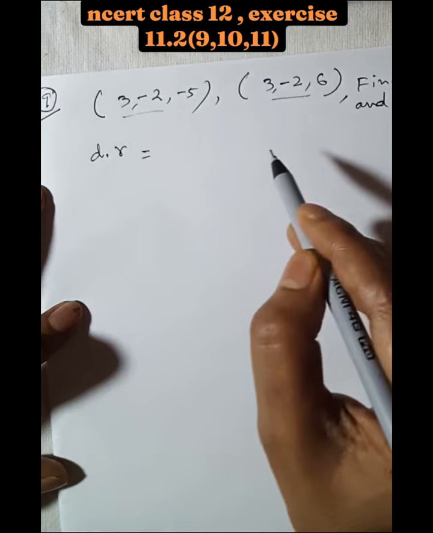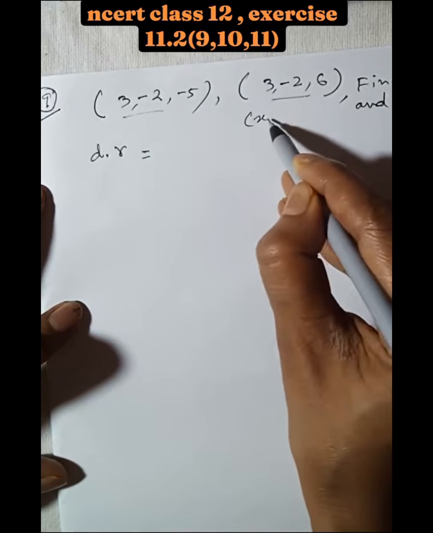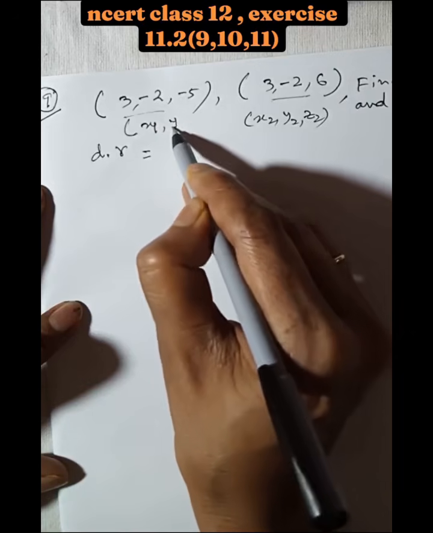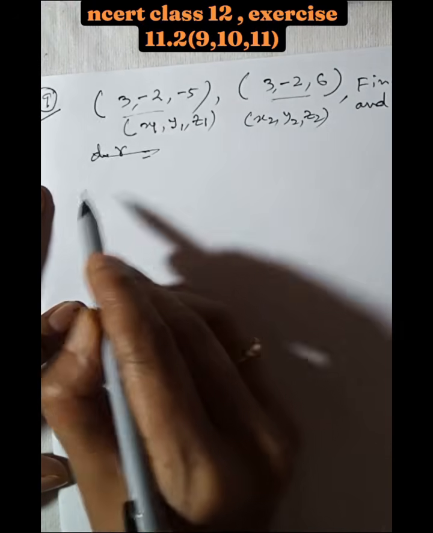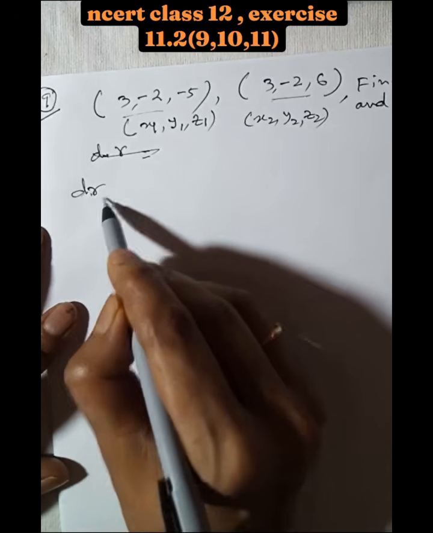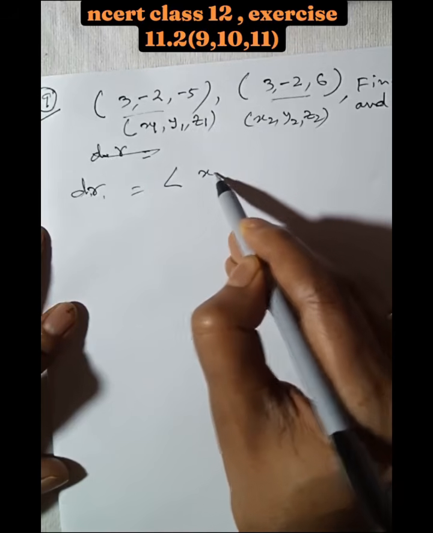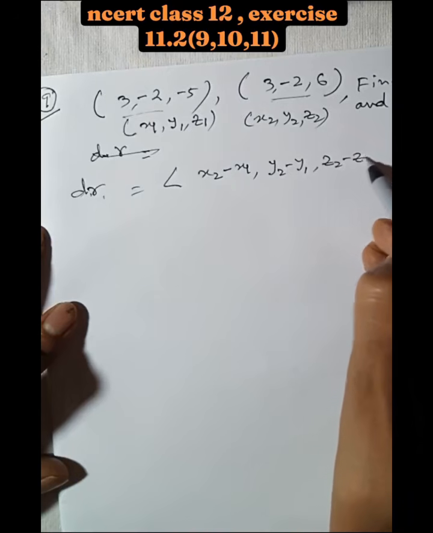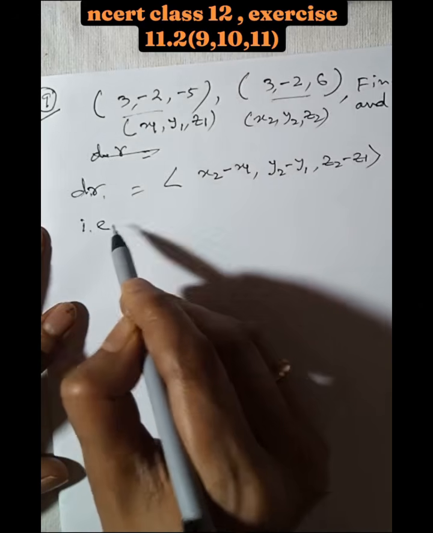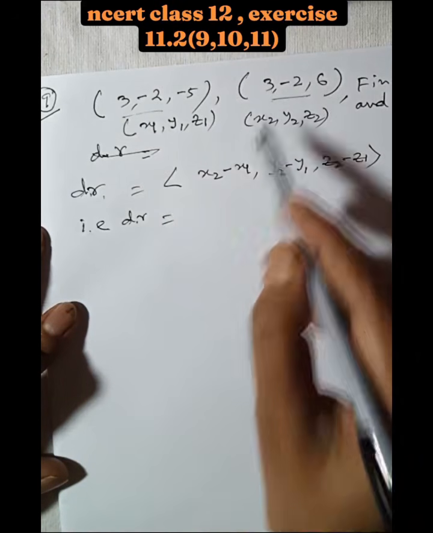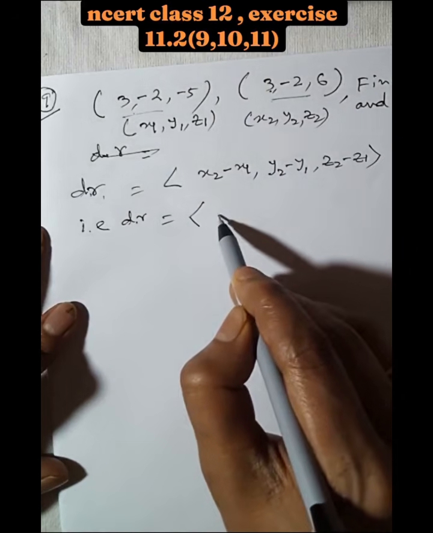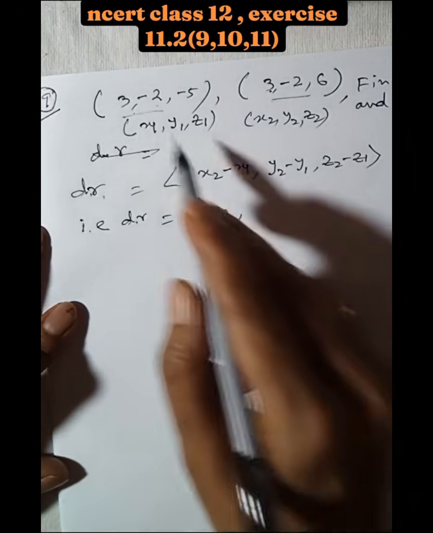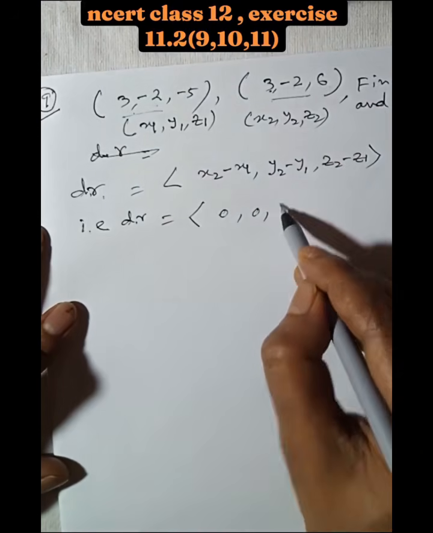Direction ratio: we know it is x2 minus x1, y2 minus y1, z2 minus z1, where this point is (x1, y1, z1) and that point is (x2, y2, z2). So the direction ratio is 3 minus 3, minus 2 plus 2, 6 minus (-5), that is 0, 0, 11.